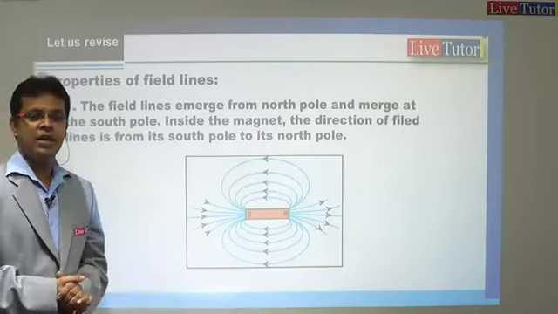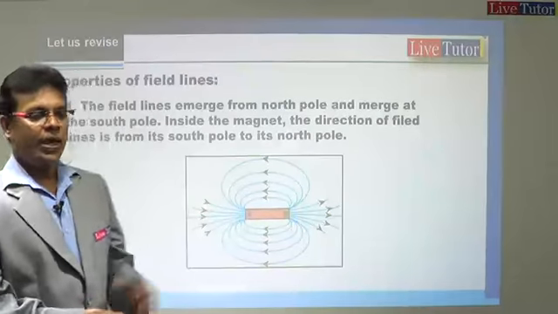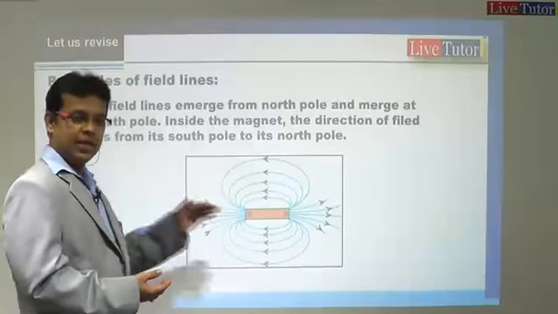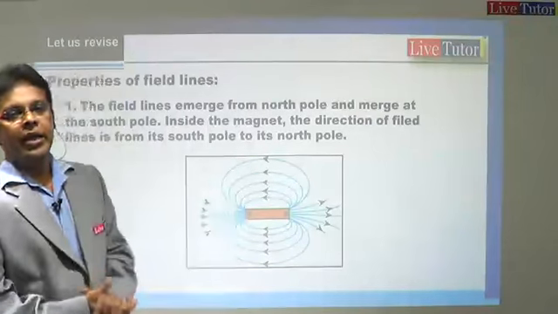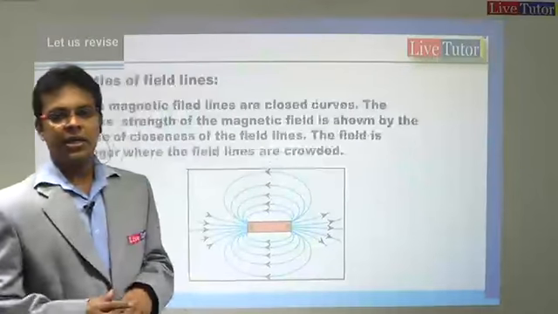They emerge from the north pole and merge or terminate at the south pole. But inside the magnet, it should be in the opposite direction. They start from the south pole and end in the north pole. This is the first property of the magnetic lines of force.